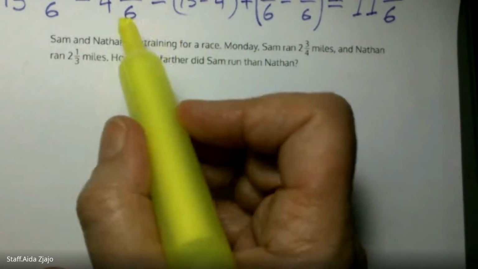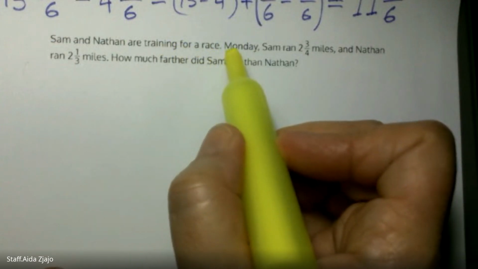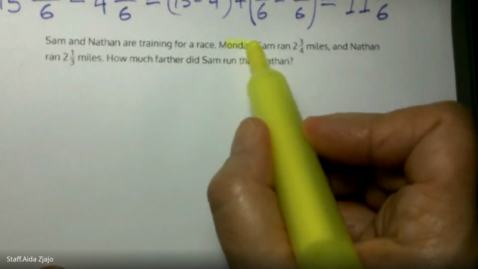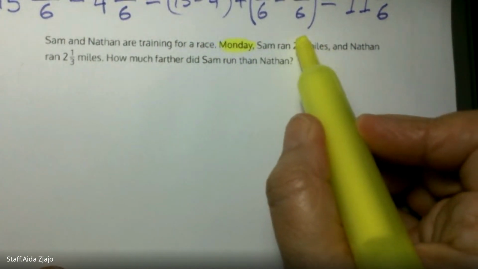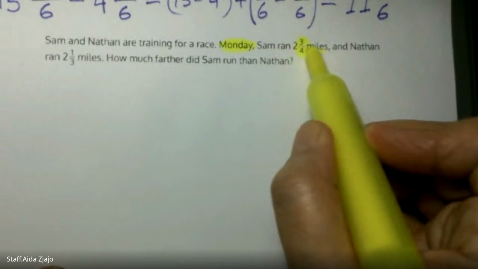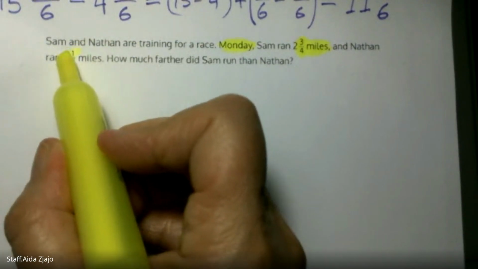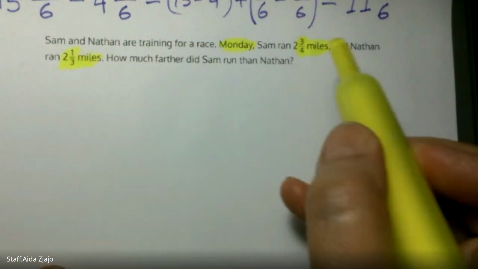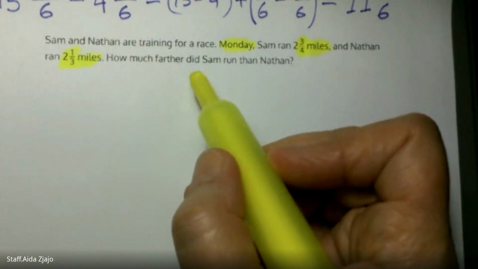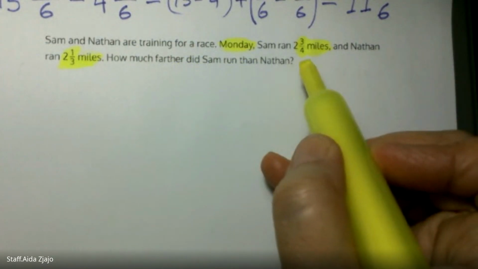Sam and Nathan are training for a race. Monday, Sam ran 2 3/4 miles, and Nathan ran 2 1/3 miles. How much farther did Sam run than Nathan?